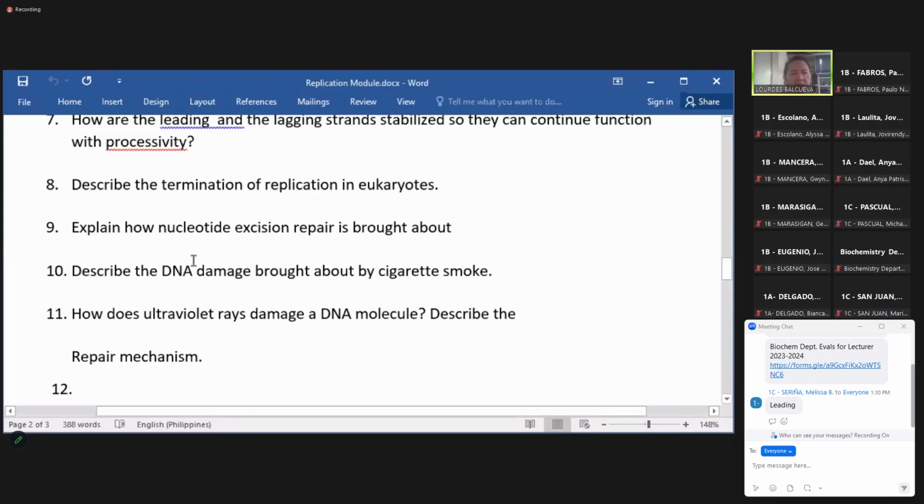Then, describe the DNA damage brought about by cigarette smoke.